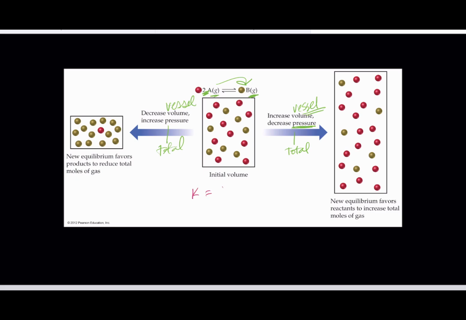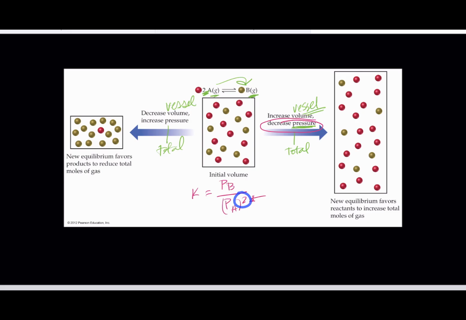So K is equal to, let's use the reaction we're given, the partial pressure of B over the partial pressure of A. This one is squared. So here is our K expression. So then if we plug in some random numbers just to make sense of it, well, first, the key thing here is that this part is squared.